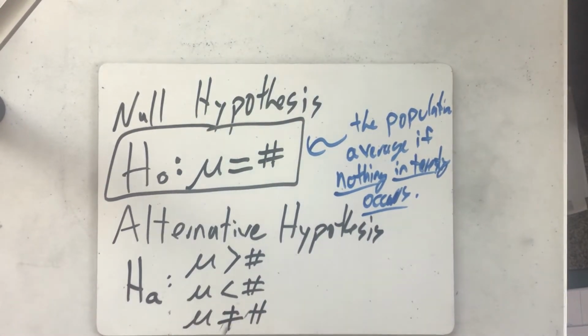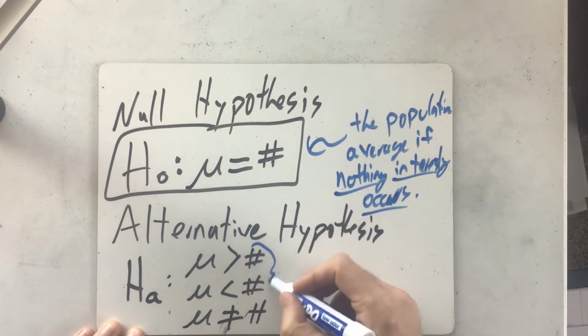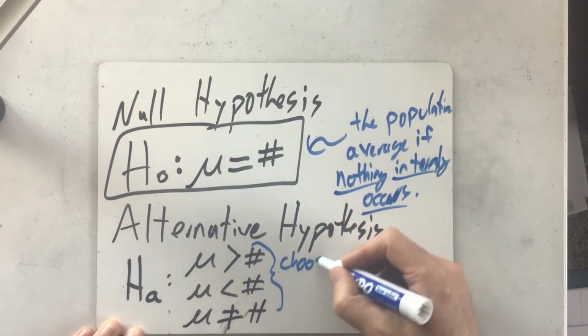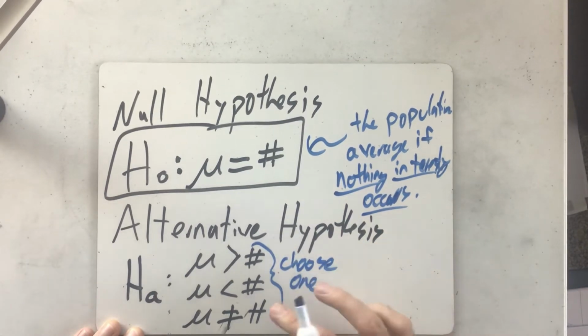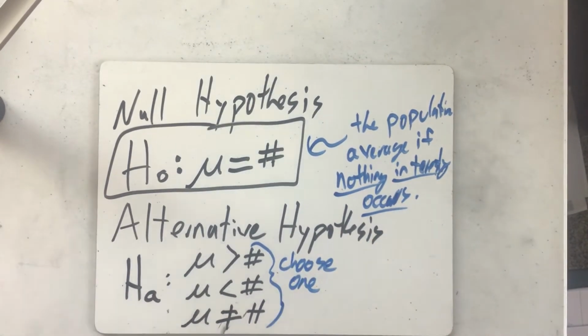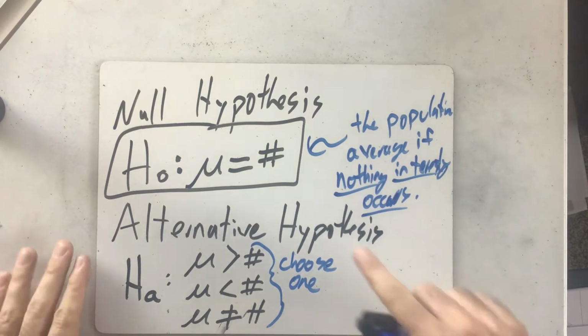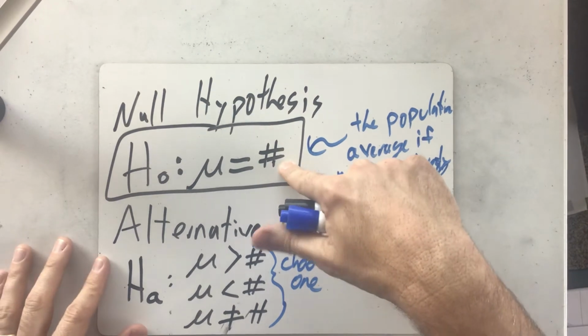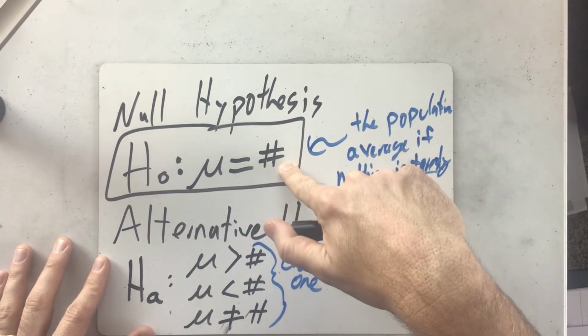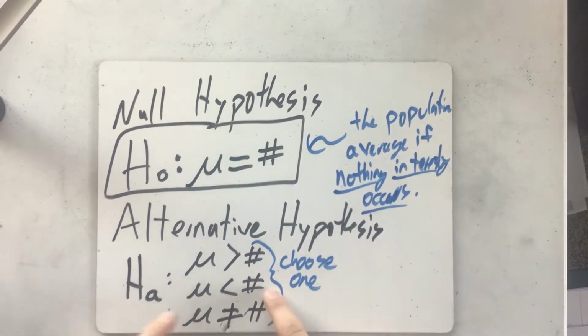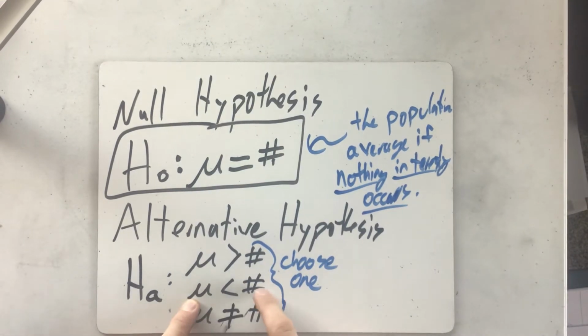Now, choose one. Whichever one you choose depends upon the problem and upon what you're trying to prove. If this is the amount of time it takes someone to heal, then you're hoping that your medicine makes that amount of time become shorter, so less than would be the one that you would choose.